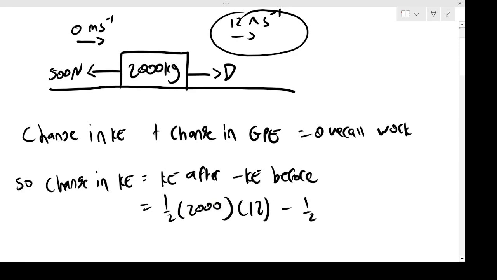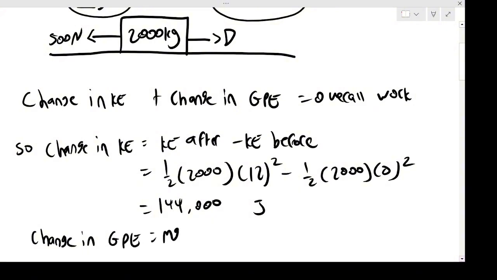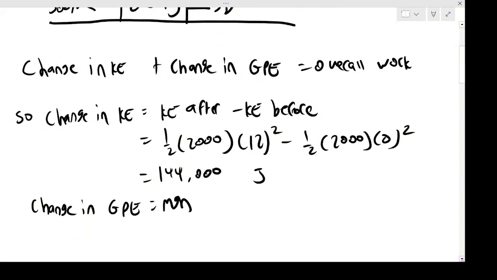Then I'm going to take away the initial kinetic energy, but initially there's no speed, so there we are. So we work all that out, that's going to be 144,000 joules there.